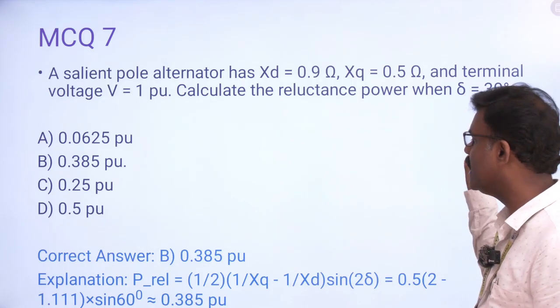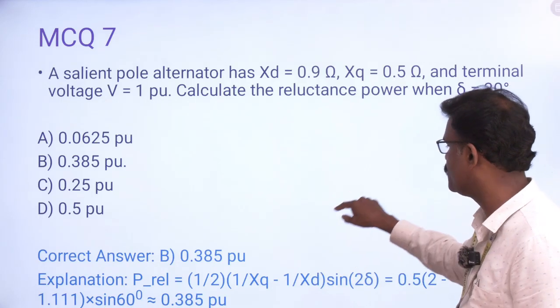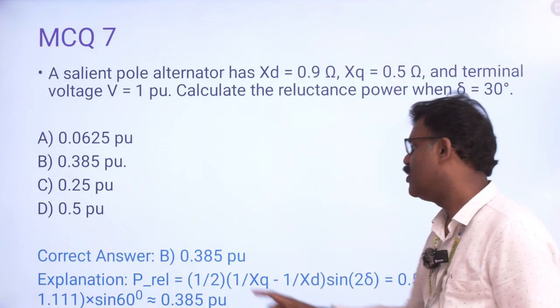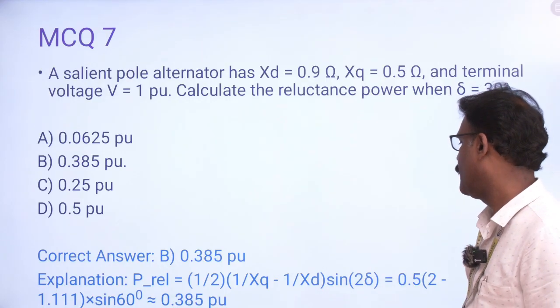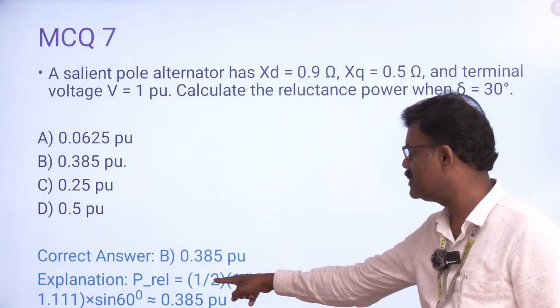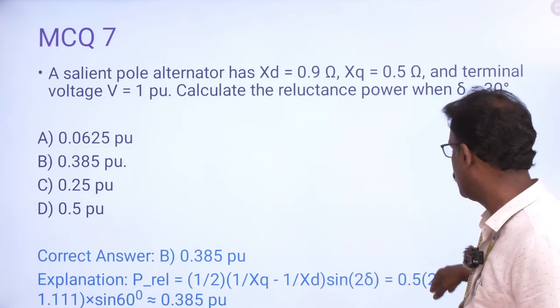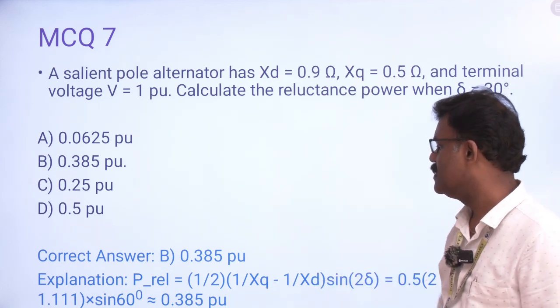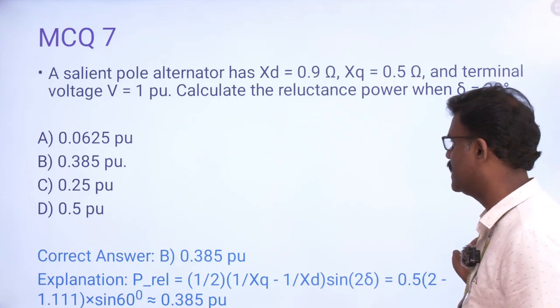The second term defines the salient pole alternator's reluctance power. So P reluctance is equal to 1 by 2 into (1 by Xq minus 1 by Xd) sin 2 delta. Here I am using the second term alone. By using this formula, you can calculate the actual value as 0.385 per unit. So B is the correct answer.